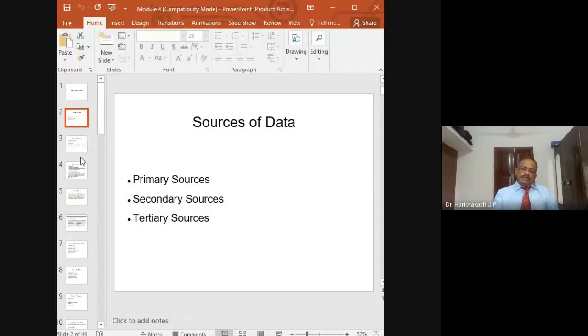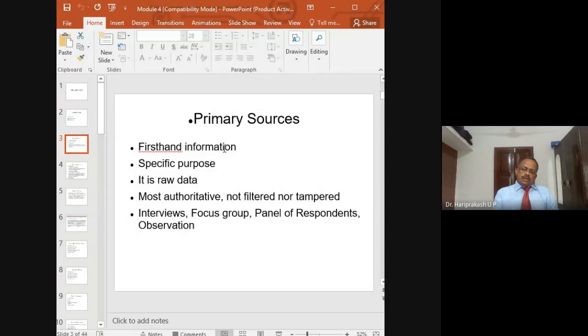So the data that is collected through the primary sources is called primary data. Very often, when we are talking about research, we say primary data, secondary data. Even before, in our sessions when we were discussing different types of research, we said that this is related to collection of secondary data.